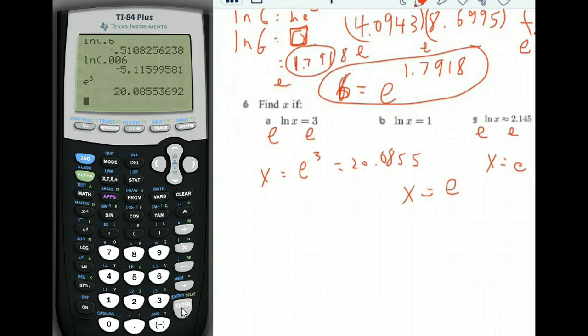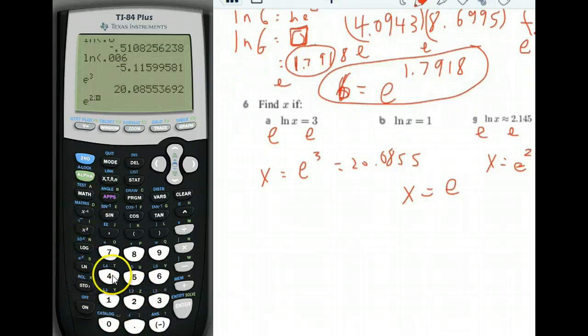Let's see. x is equal to e to the 2.145. We obviously need our calculator to do that. 2.145 gives 8.5420.